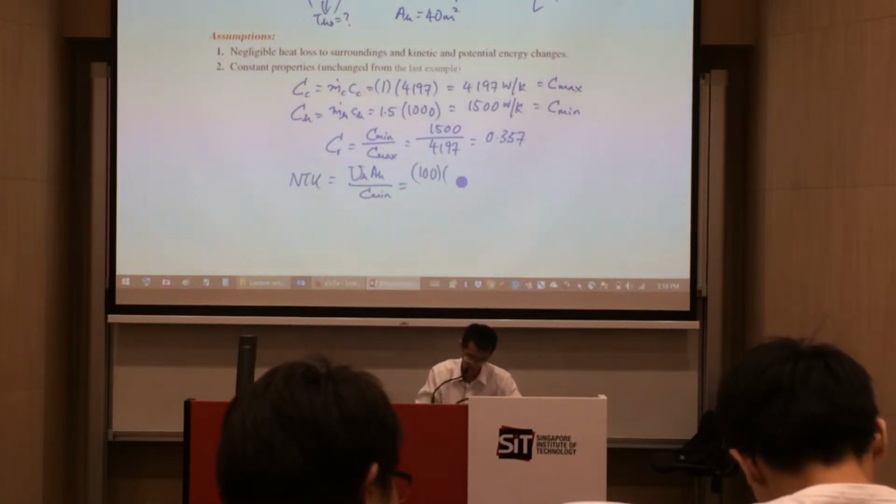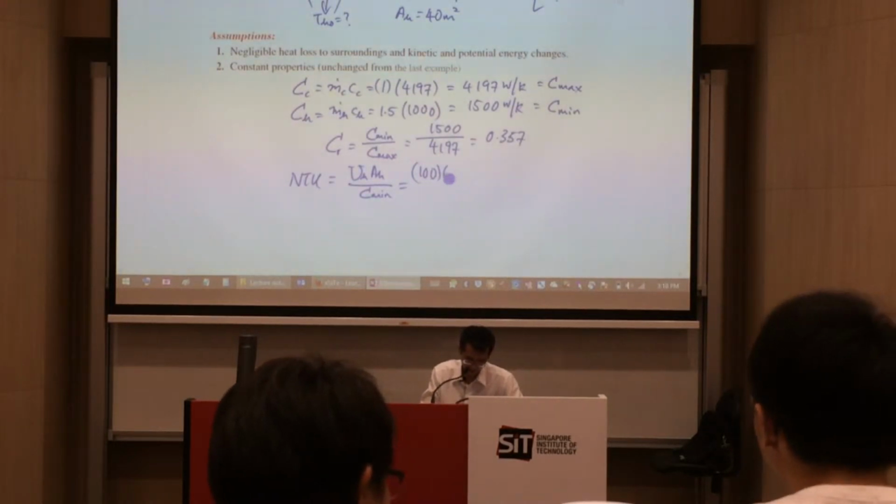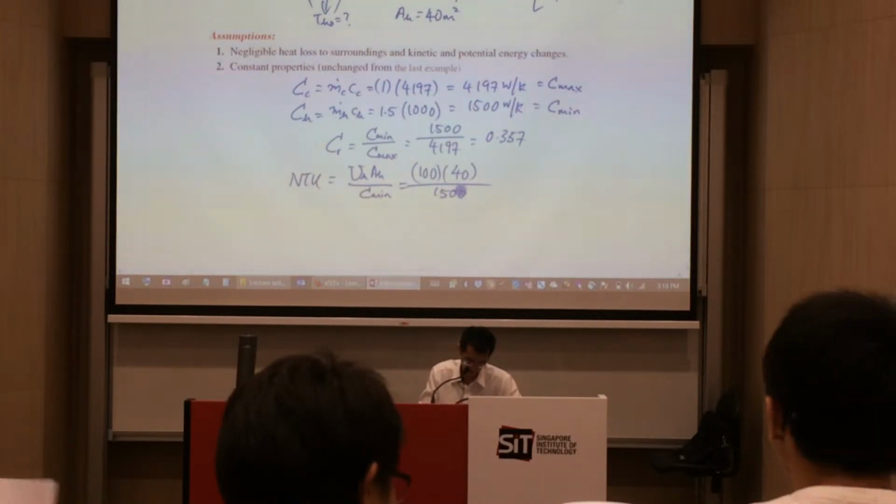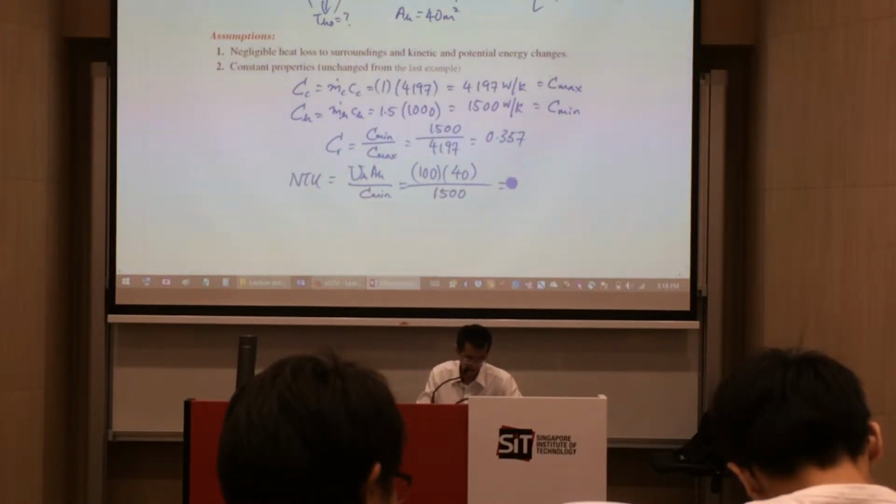So this AH is 40 over C min, that is 1500. Okay, work it out, you get 2.67.